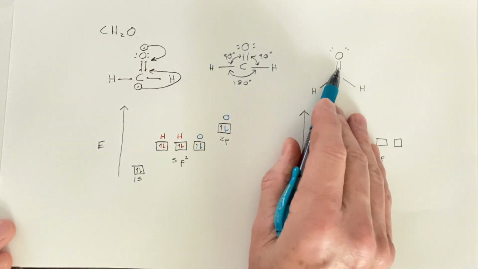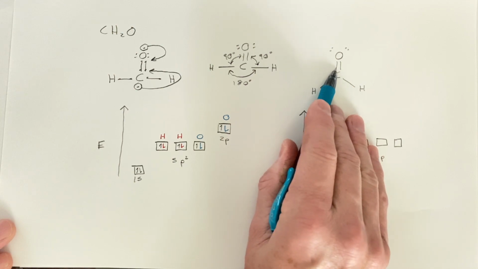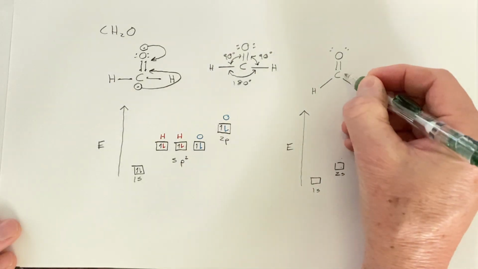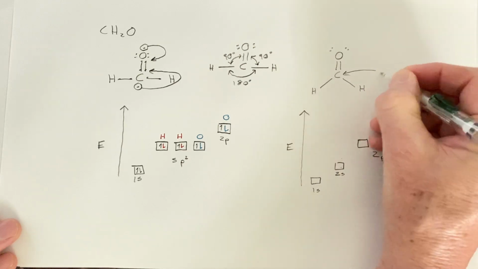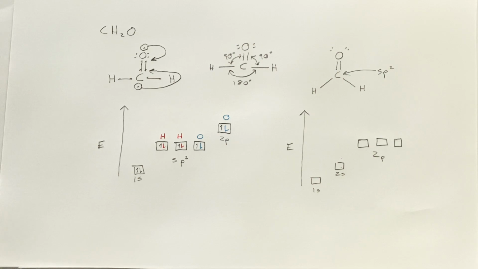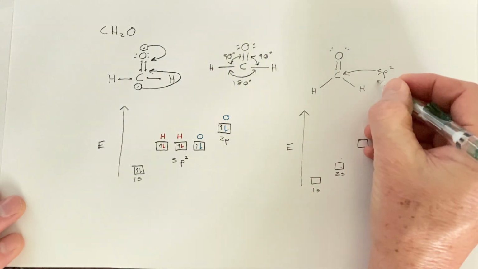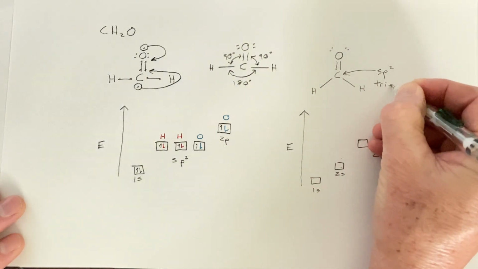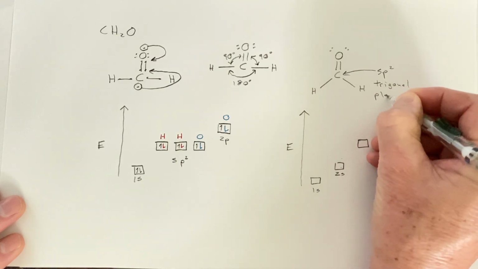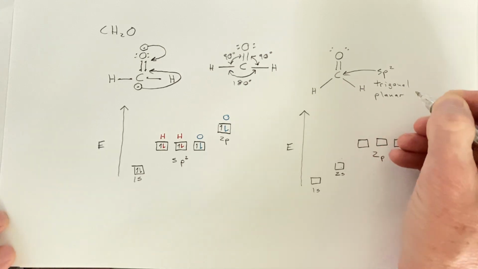So we look at this and see, well, one of these bonds is hybridized and one of these bonds is unhybridized. So we would look at this carbon atom and we would say, well, the carbon atom is sp2 hybridized. And we ask ourselves, what kind of geometry is this? Well, this is a trigonal planar geometry.